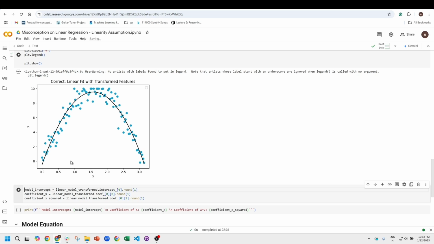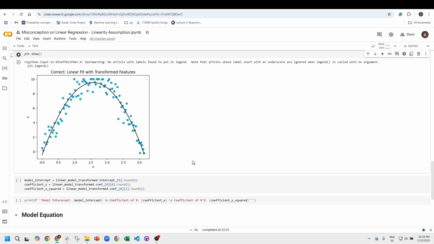We can see that we have used x square in the model equation, and still we have only invoked the linear regression from scikit-learn. We have not used any fancy model. Let's look at the full equation of this model. Let's get the model intercept, coefficient of x and coefficient of x squared, and print the full equation of this model.